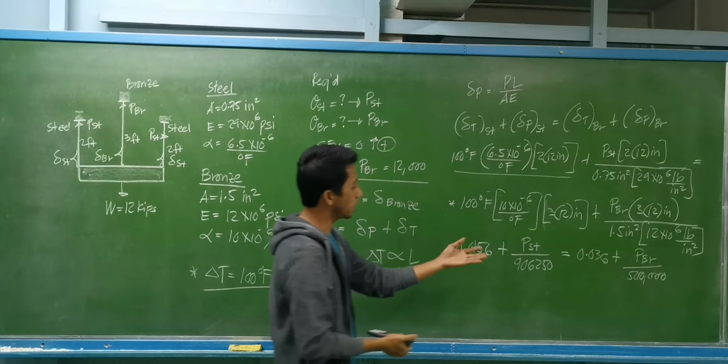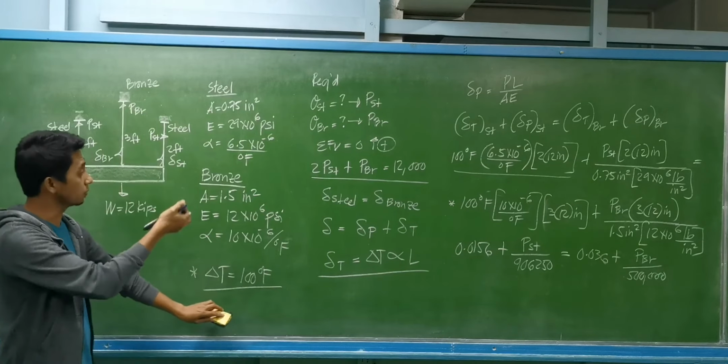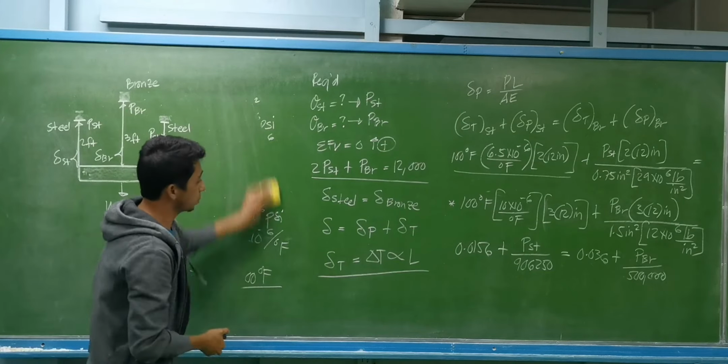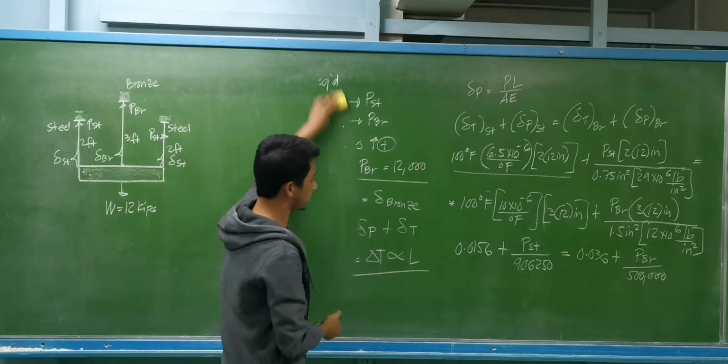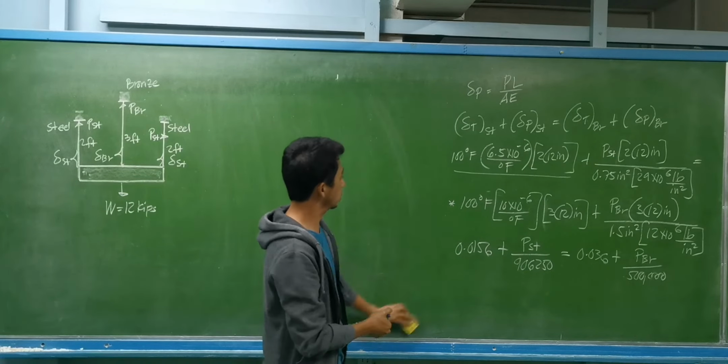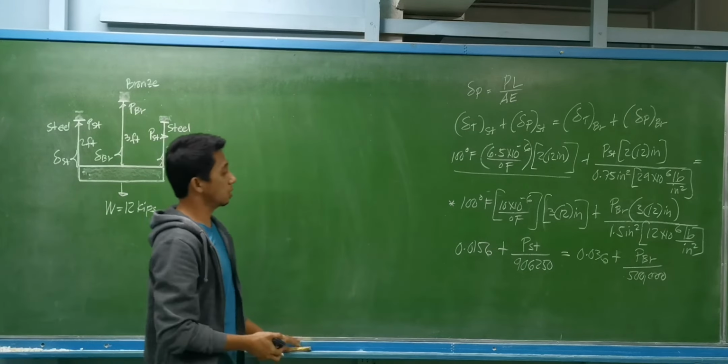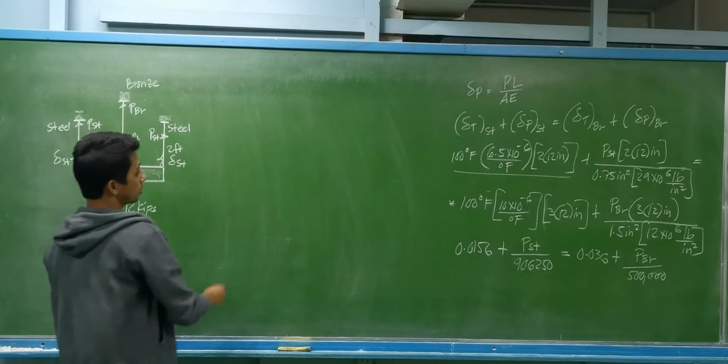So we may now express one unknown in terms of the other. Let's say I'll be expressing the load to be carried by the steel in terms of the load to be carried by the bronze.